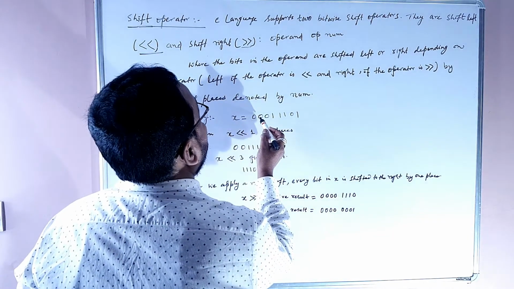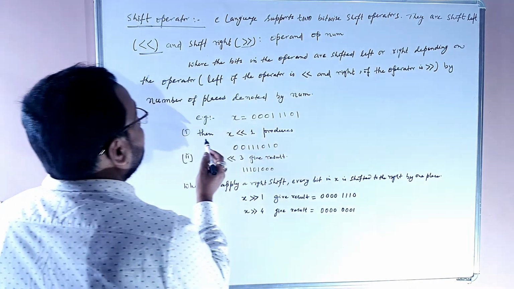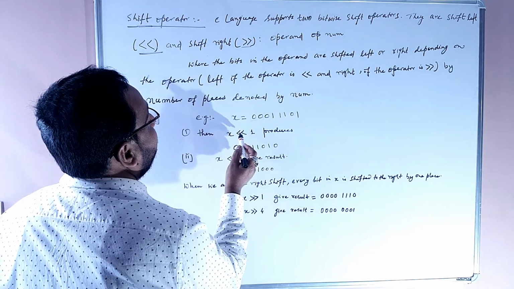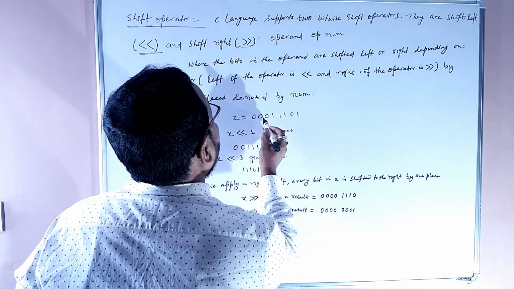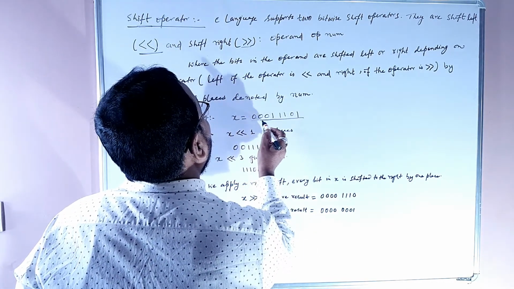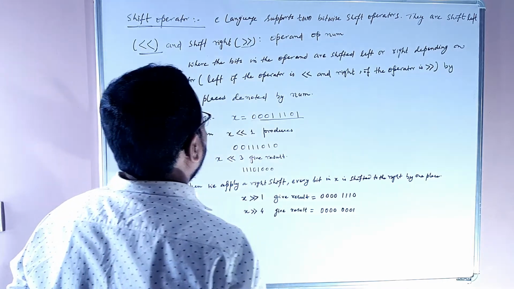Here x is equal to 00011101. Then x is left shifted. Here the shifted number is only this number, because we shifted the 1 out on the left side.